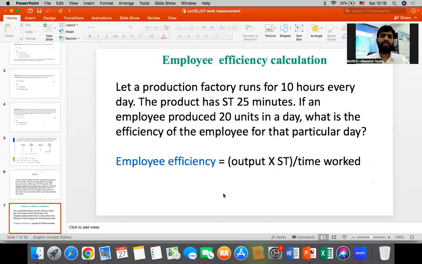Now we want to know the efficiency of the employee for whom we have calculated the standard time. To calculate employee efficiency, an example may make it clear. Let a production factory run for 10 hours every day. The product has a standard time of 20 minutes.